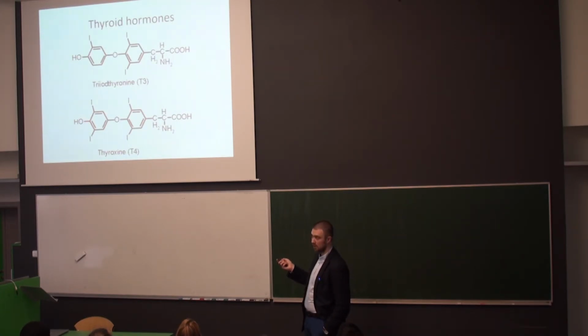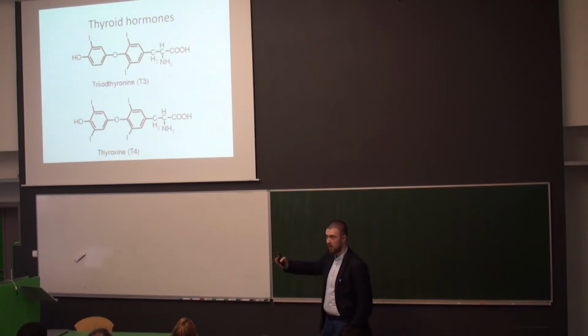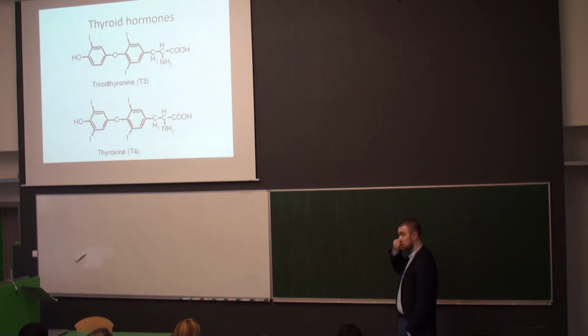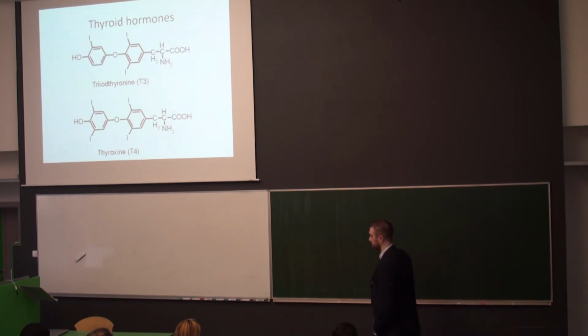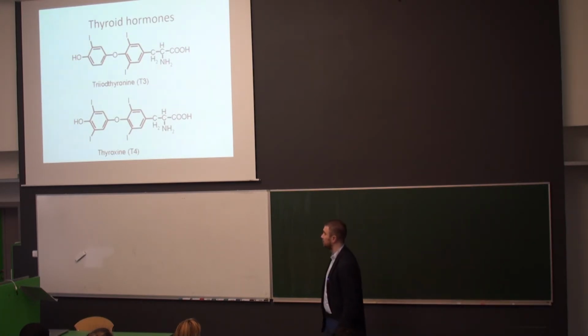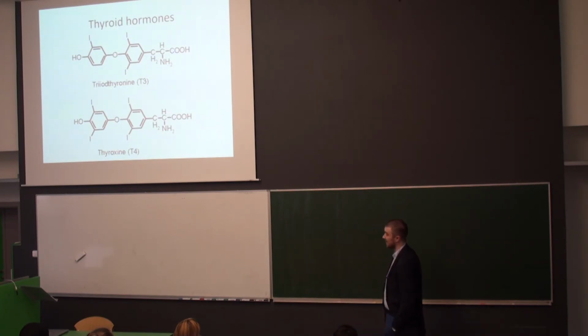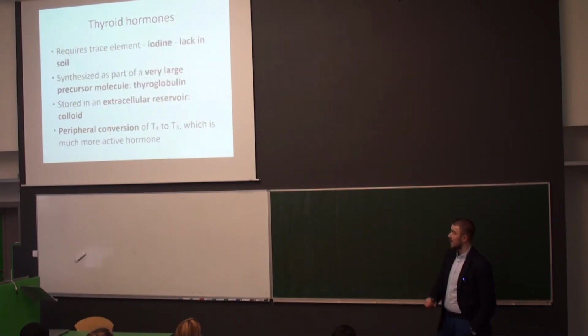Both are signaling molecules. Only dihydrotestosterone and triiodothyronine are typically produced in the periphery, in tissues that express some specific enzyme. But before we come to the periphery, we must first synthesize the hormones.